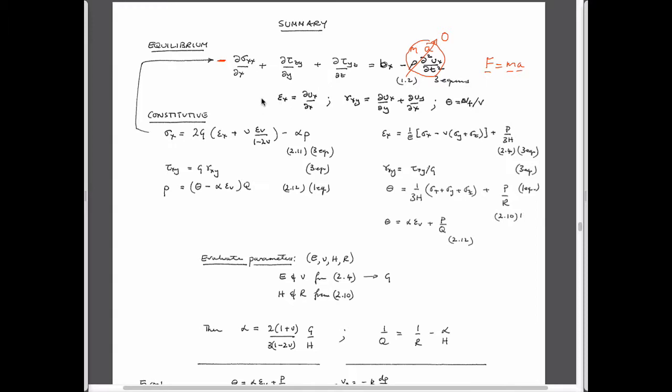So continuity defines that strains are related by displacement gradients or shear displacement gradients, but also in the fluid phase that changes in the fluid volume per unit volume are the fluid strains. So these are fluid strains. So conservation of momentum, strain displacement relationships or continuity, and then our constitutive relationships.